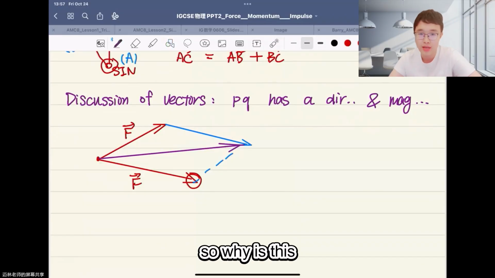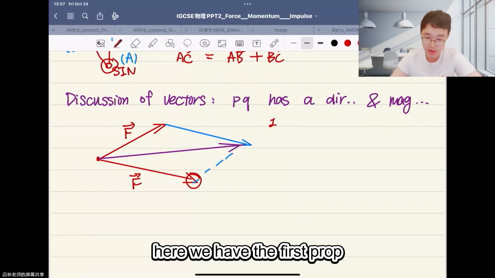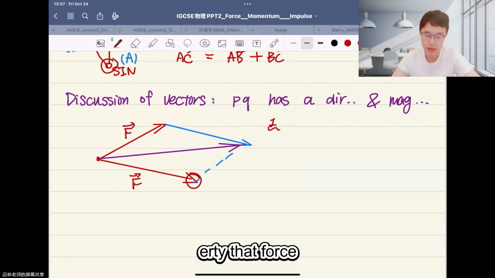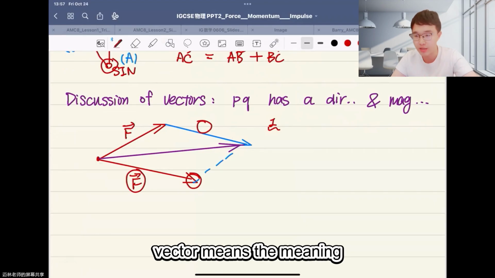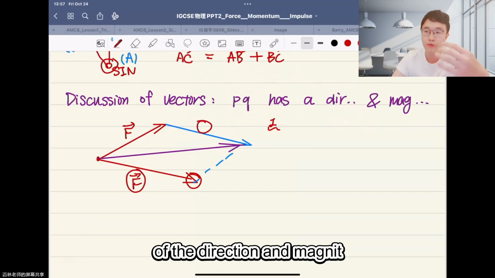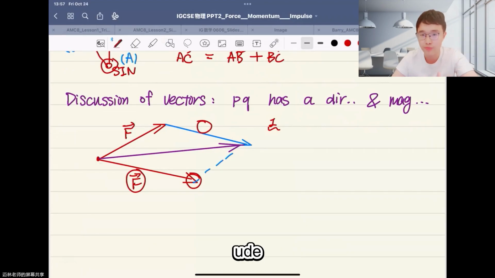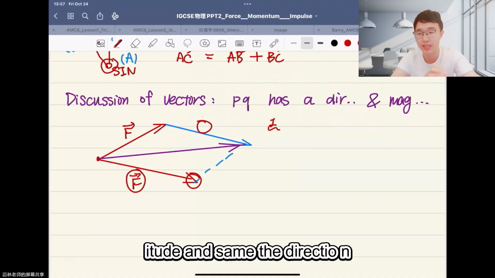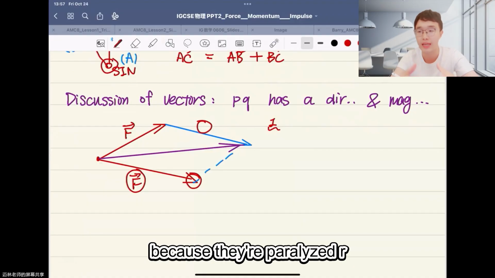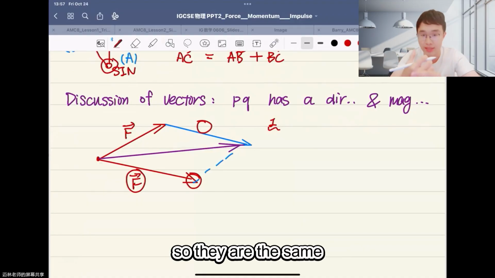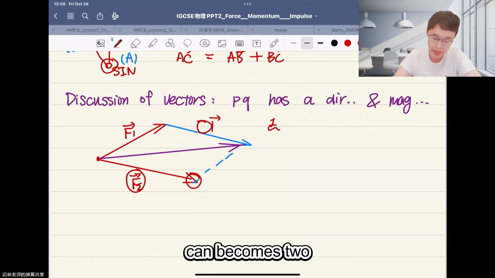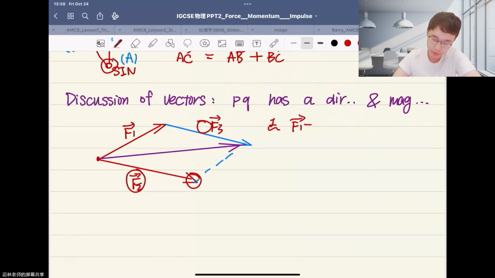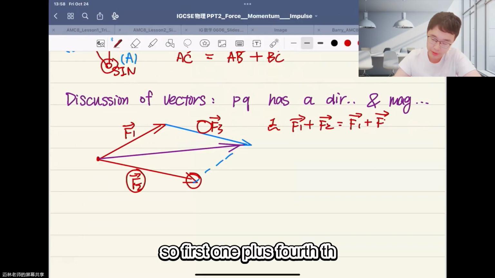So why is this? First we have to know the first property: this force equals this force, because vectors mean direction and magnitude. If you have the same magnitude and the same direction, because they're parallel lines, then they are the same. So force 1 plus force 2 becomes force 1 plus force 3, right?